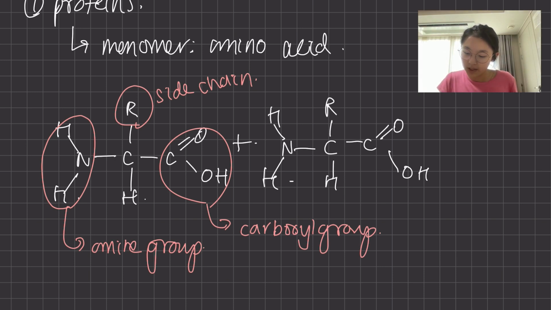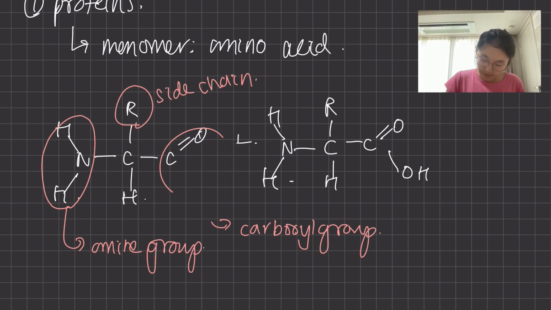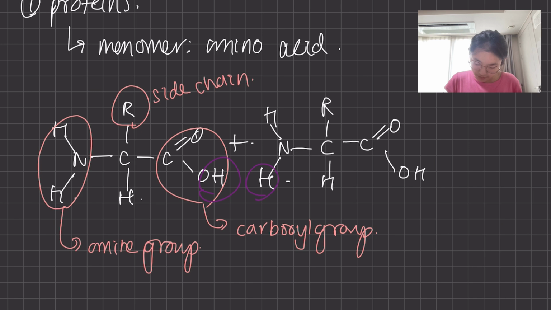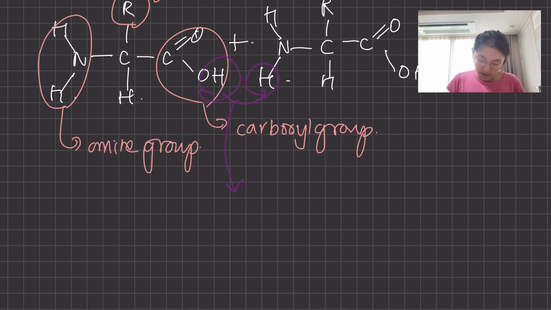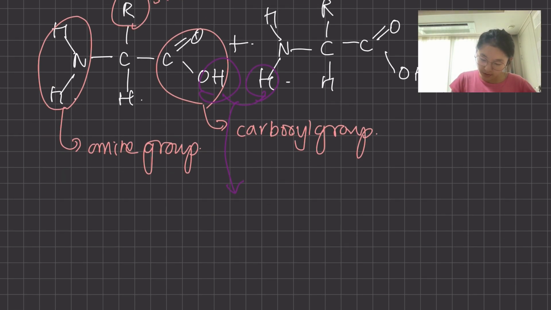So what happens is, because this is a condensation reaction, we're essentially going to get rid of the OH group right here and the H right here. And so we're essentially going to get a structure that looks like this.